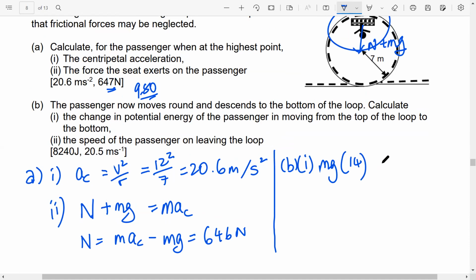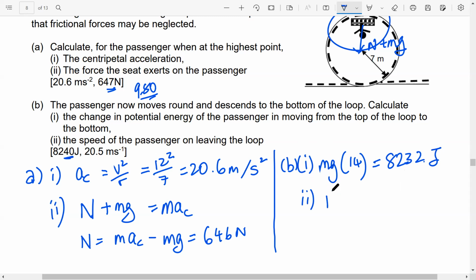You'll get around, in this case, 8232. Again, 8240 is because 9.81 was used. So using 9.80 will be 8230. So we'll use the Olympiad version of the gravitational acceleration.